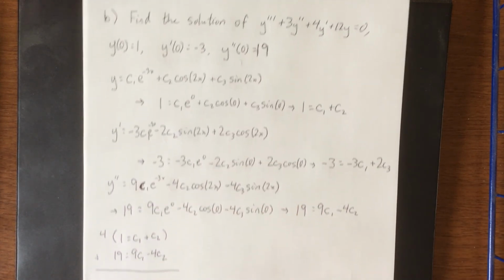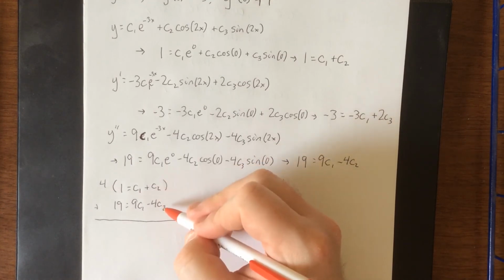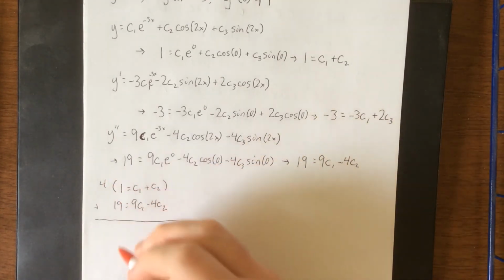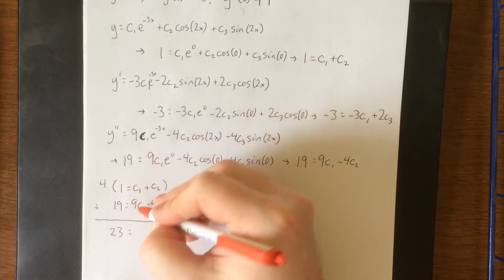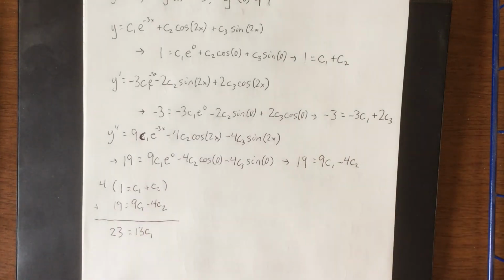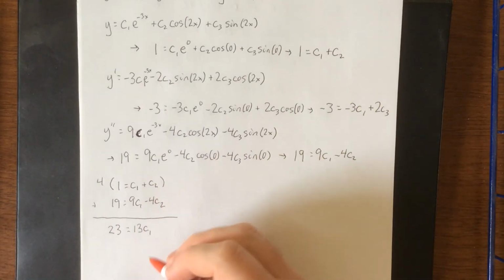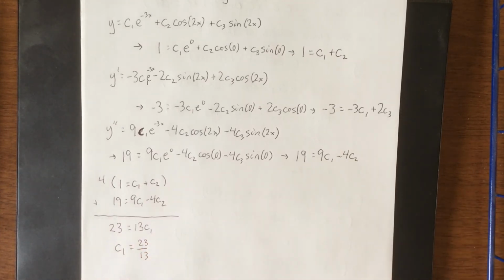This technique is referred to as elimination addition, and it should eliminate our c2 variable. So 4 times 1 added to 19 gives us 23. 4 times c1 added to 9c1, that'll be 13c1. And the c2's will cancel each other out. This will give us that c1 is equal to 23 over 13.